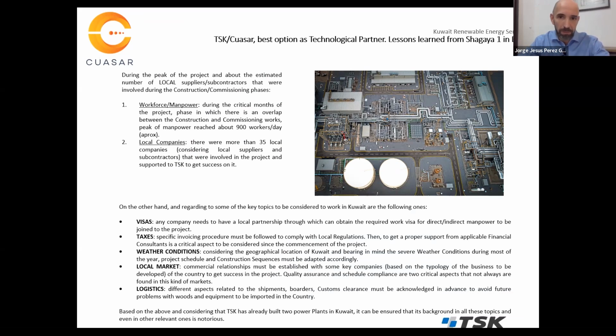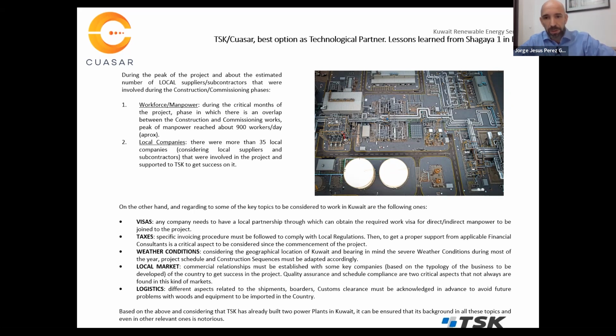So mainly the lessons learned and all the challenges are similar, and previously Ruben Roman was mentioning some of them. I think these challenges are very important for the success of this kind of project, especially in the Middle East and especially in Kuwait.